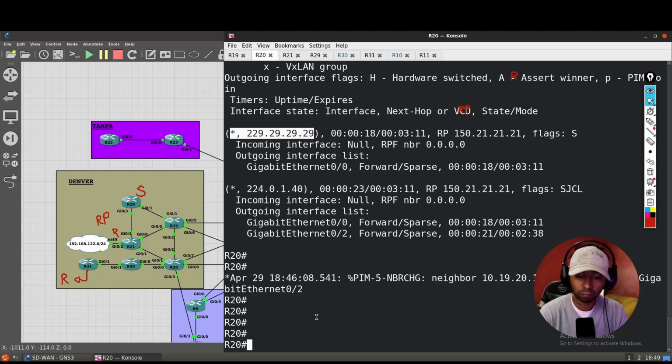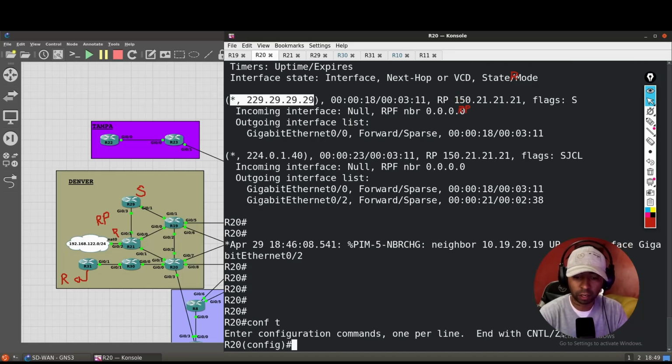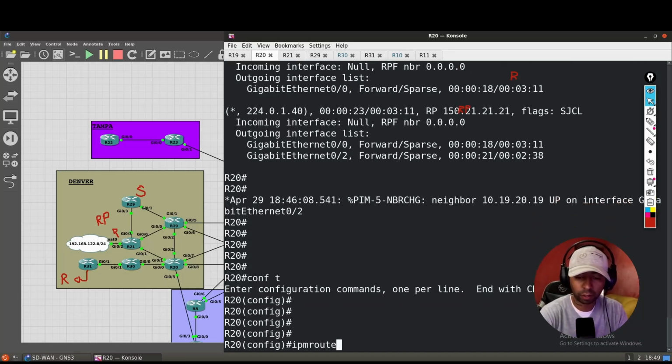So config terminal, IP route. Hey router 20, let the others know about who is the receiver. So I will say the rendezvous point is 150.21.21.21, which is the direction that the rendezvous point will share this to the others.